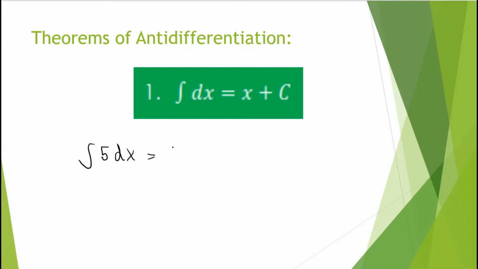Ilalabas natin yung 5 and then we integrate 1 dx. So, meron tayong imaginary 1 dyan, pero hindi na natin isusulat. Okay, then 5. So, we get the integral of dx. So, sabi natin, ang integral of dx is x plus c. So, we write x plus c.